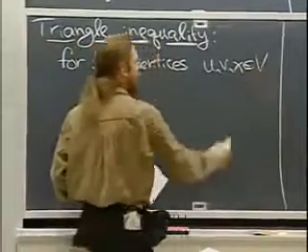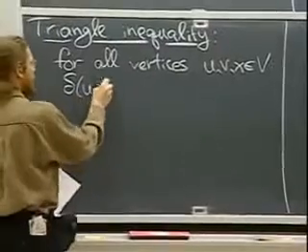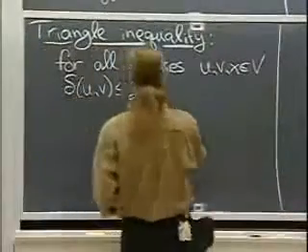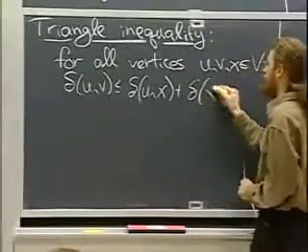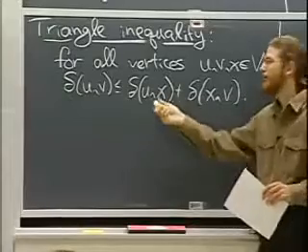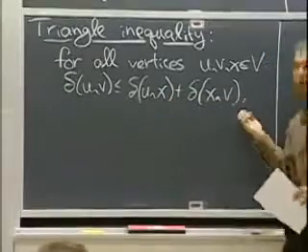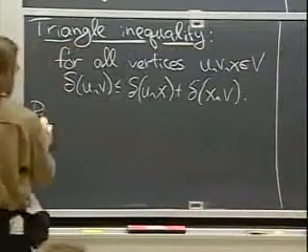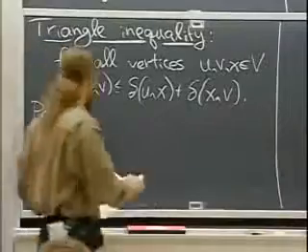So if you have any triple of vertices, the shortest path from u to v is at most the shortest path from u to x plus the shortest path from x to v. Of course, here I mean shortest path weight from u to x and shortest path weight from x to v. This should be pretty natural just from the statement. It's even more natural if you draw the picture.